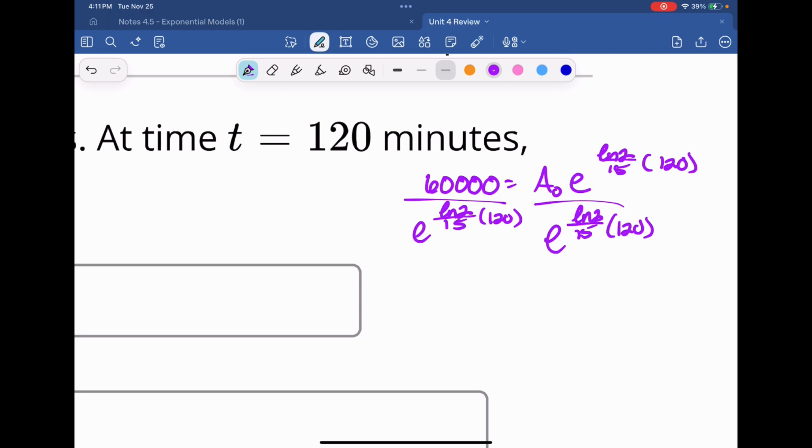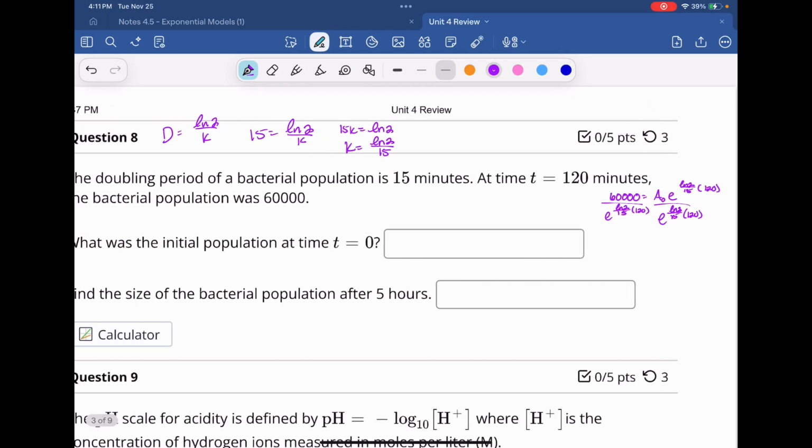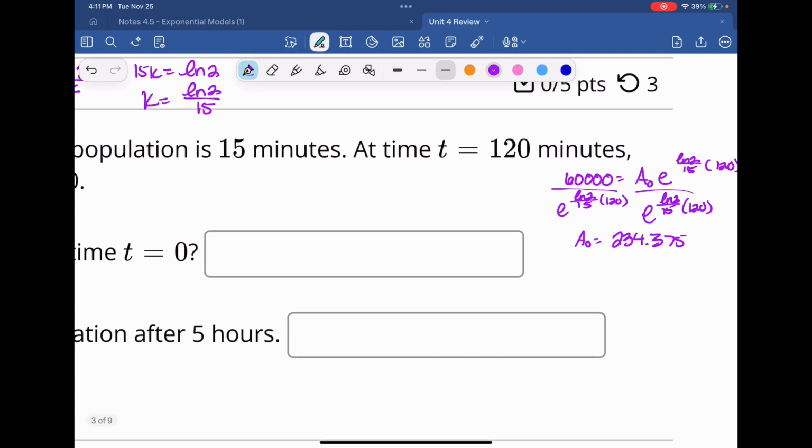All right, e to the ln of 2 over 15 times 120. The initial population, A0, was 234.375.